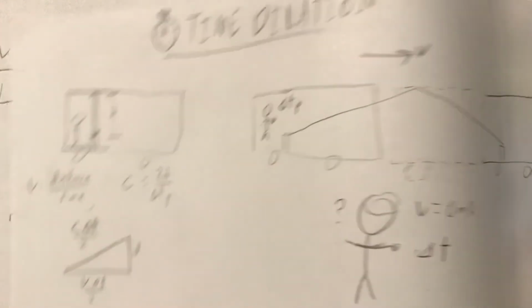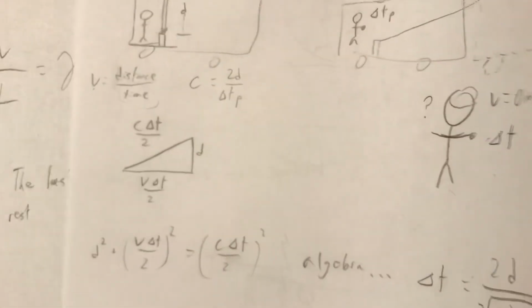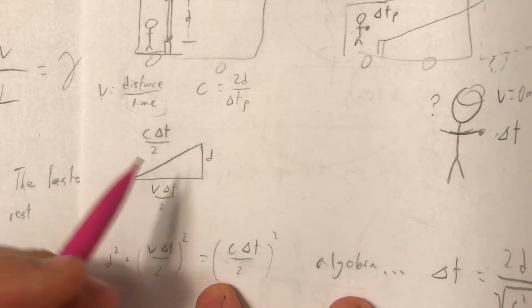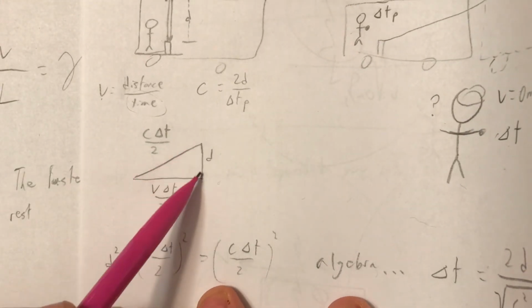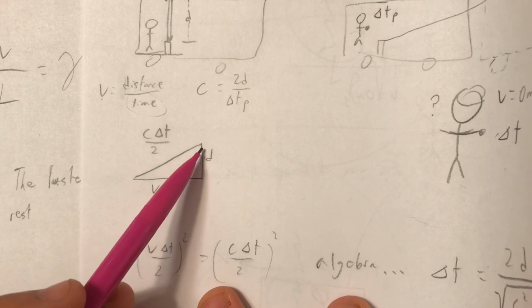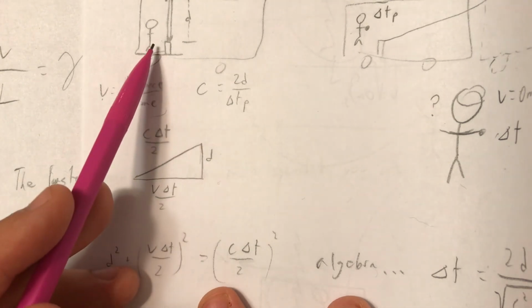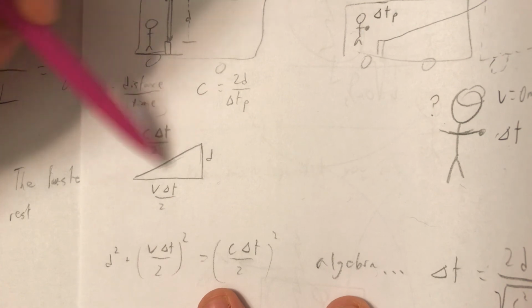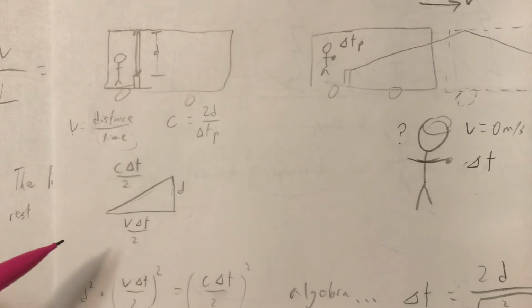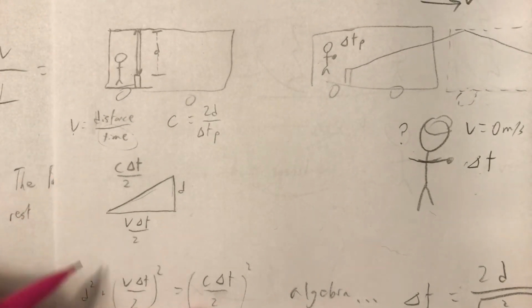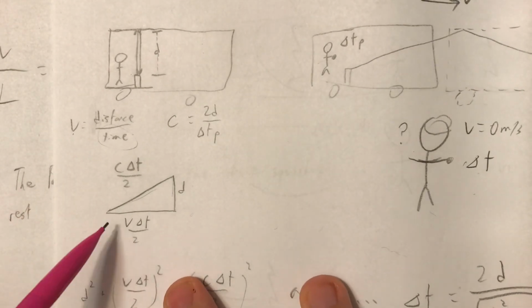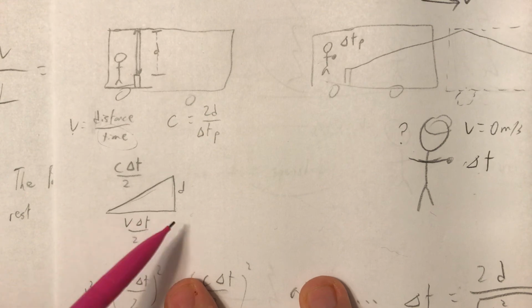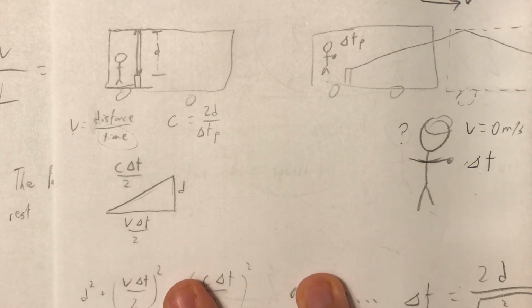So let's get a little bit of math going. This is the path that the light takes going up from the train car observer. This is the path that light takes up from the observer on the ground. And this is the distance that the car travels in that certain amount of time.